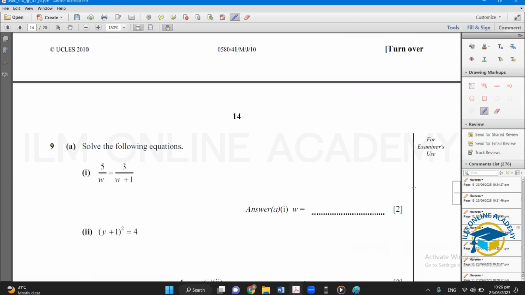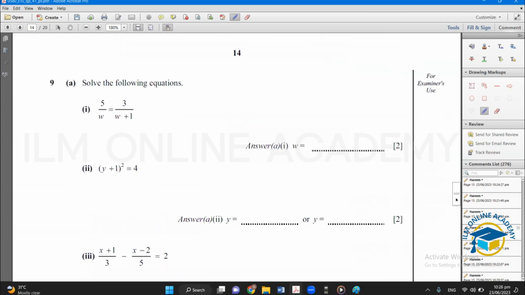Now these are our equations, and we have to solve them. 5 over w is equal to 3 over, so let's solve here.